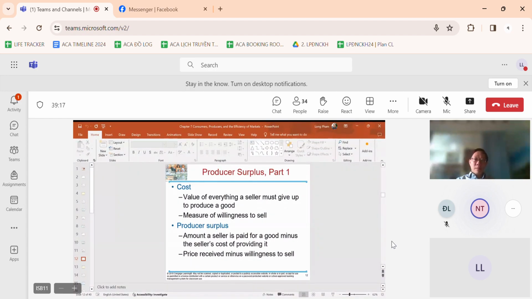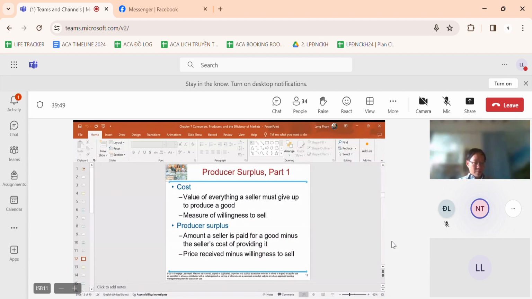For example, if a producer wants to produce a type of clothes, they have to buy fabrics and some colors to dye their clothes, and they have to pay all the cost of these ingredients for their production.